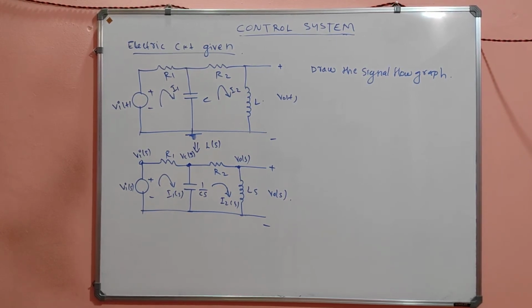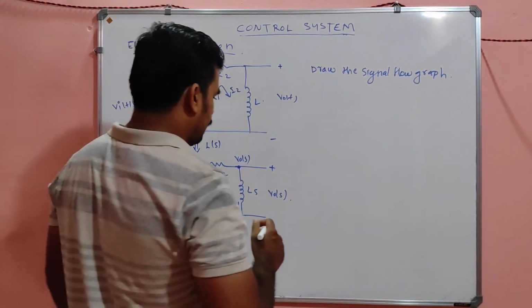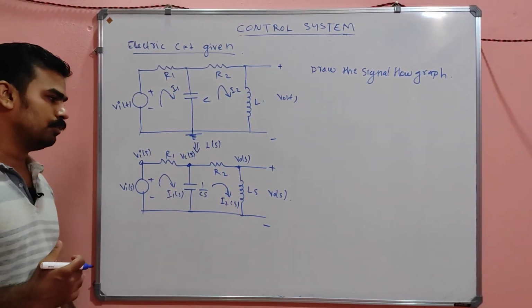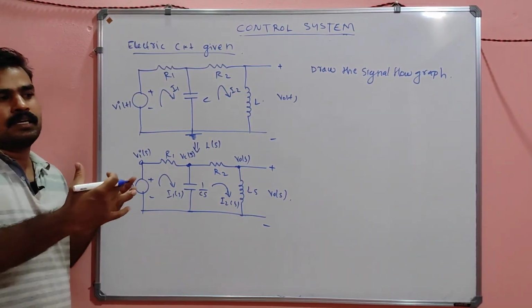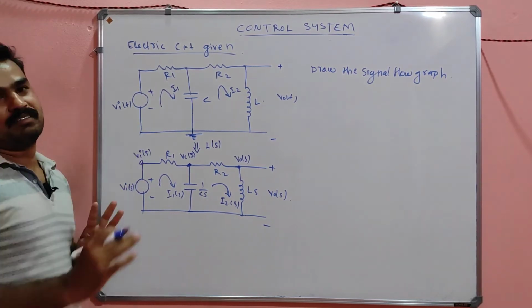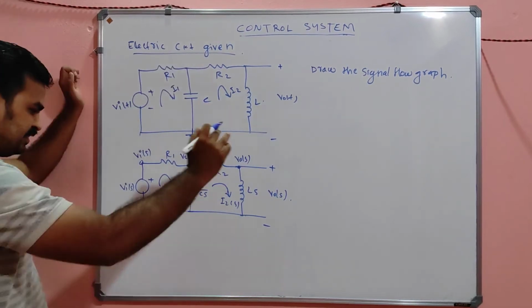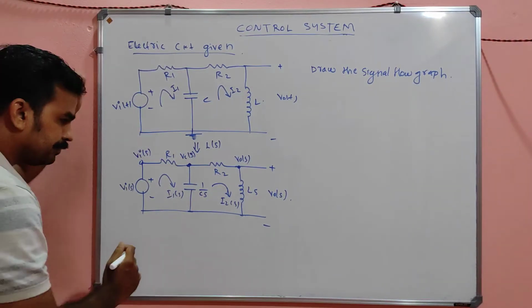So now, what is the step for finding the signal flow graph, I will tell you. You just learn it by heart, in the sense you remember the order. See, I will draw here.